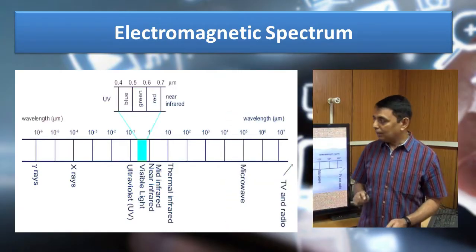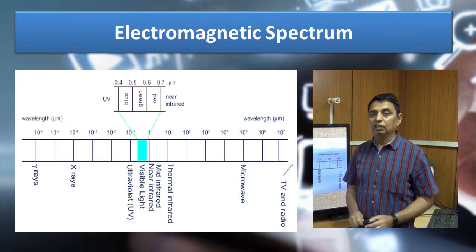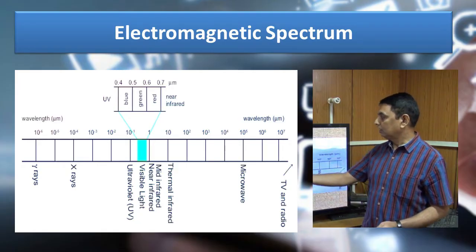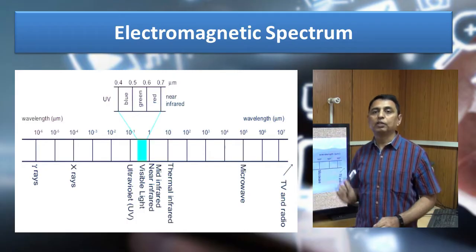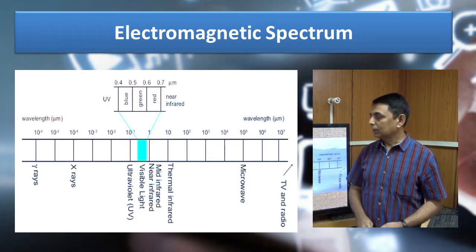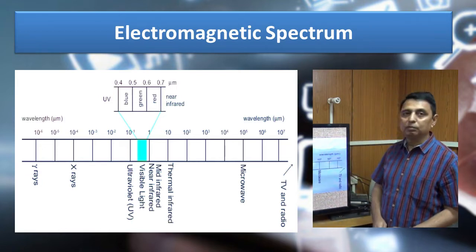The electromagnetic wave we are using in remote sensing: suppose this is the general spectrum of electromagnetic wave, starting from gamma rays, X-rays to the TV and radio wave.